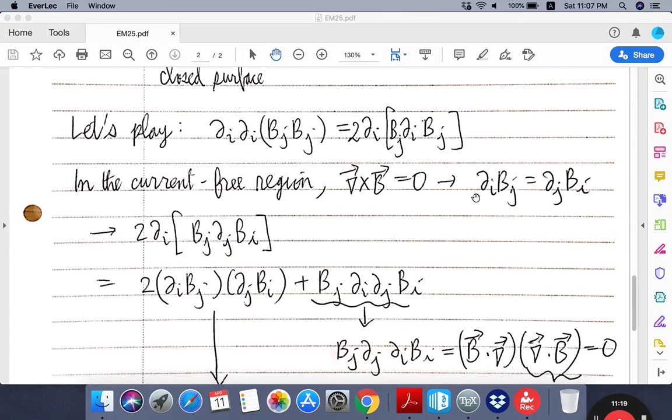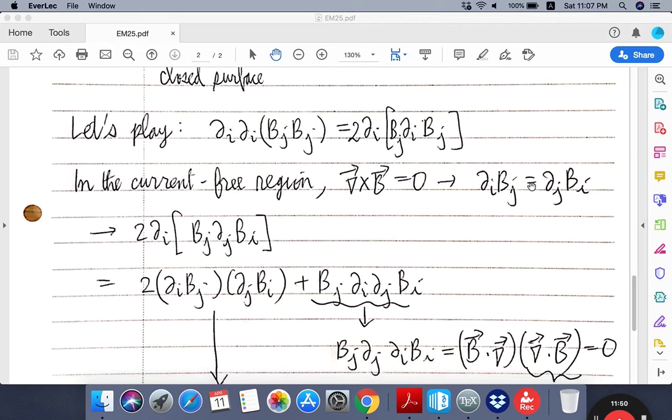So as with Earnshaw's theorem, we're going to think about the region which is free. The free region is the region where you don't have any charge and you don't have any current. So in the current-free region, the curl of the magnetic field is also 0. Now that means that these indices can be interchanged, right?